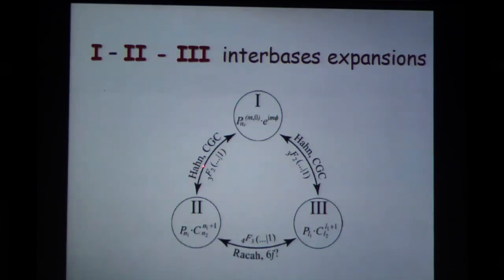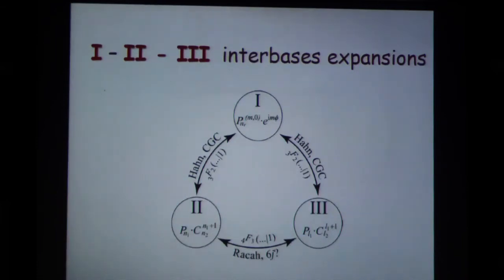They're also Hahn polynomials. Now, Hahn polynomials have something like 7 parameters, but these are not the most general Hahn polynomials. And the same happens here. These are 3F2 functions of unit argument.